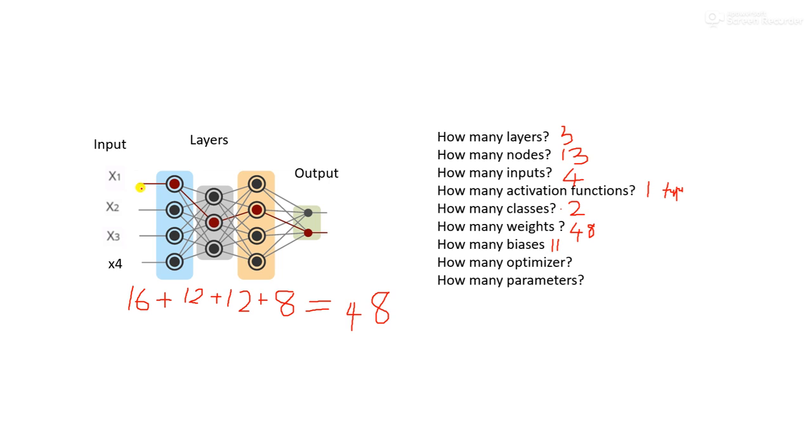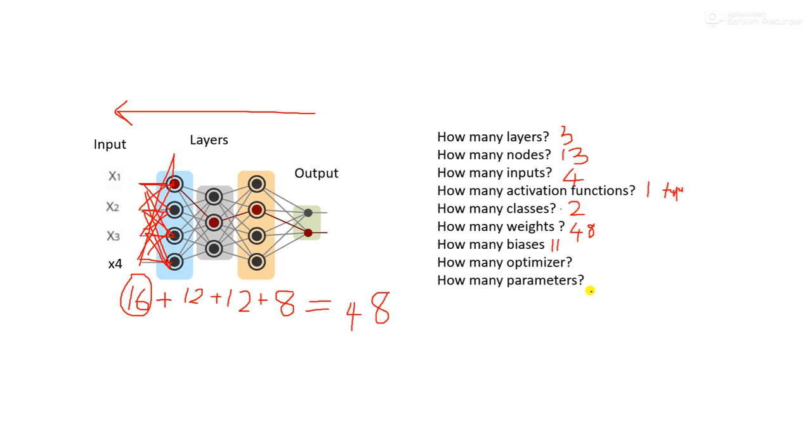So this is 16, simply 1, 2, 3, up to 16. Okay, you got 16 there, and then the rest is the same. Okay, so how many optimizers? Only one optimizer. That optimizer, when you are moving backward, is going to change all the weights and biases.